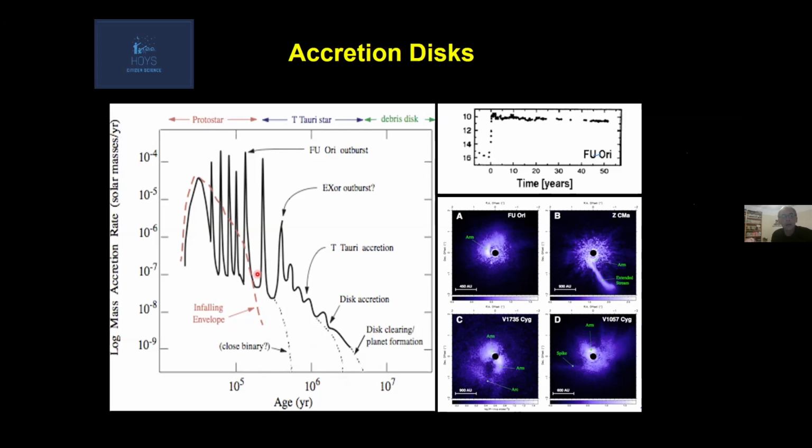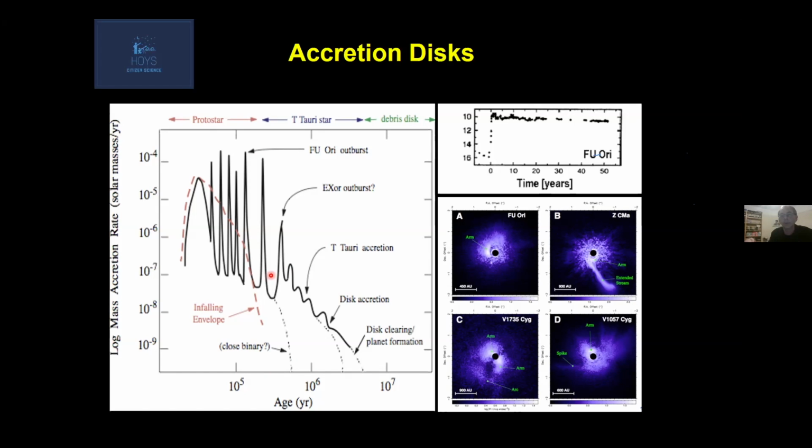And you might say, okay, these bursts are a factor of 100 higher, but they're very short. What influence do they have? Well, they increase the energy output of the central star also by a factor of 100. That puts a lot of heat from the center into the accretion disk, and it will heat it up. It will melt any ices that are there, evaporate them.